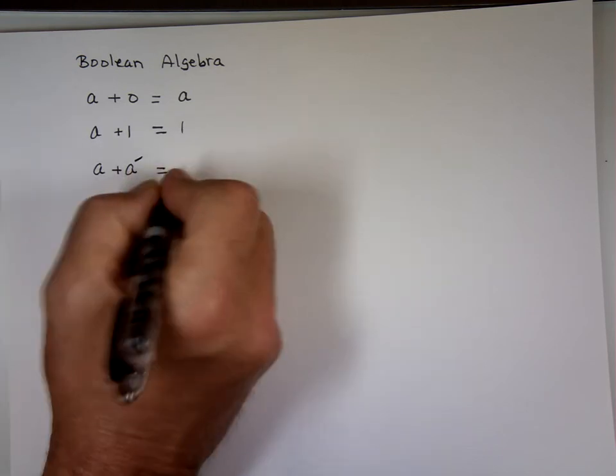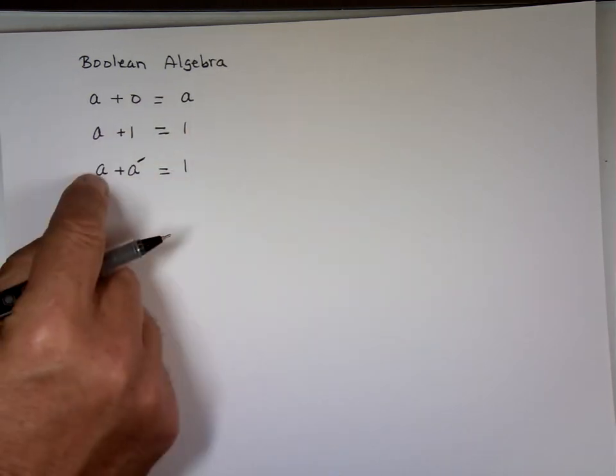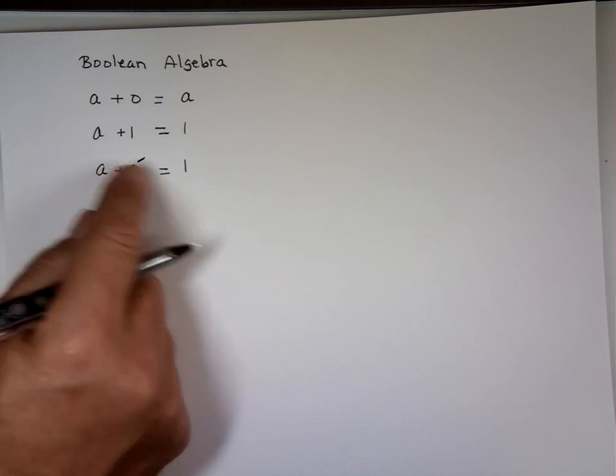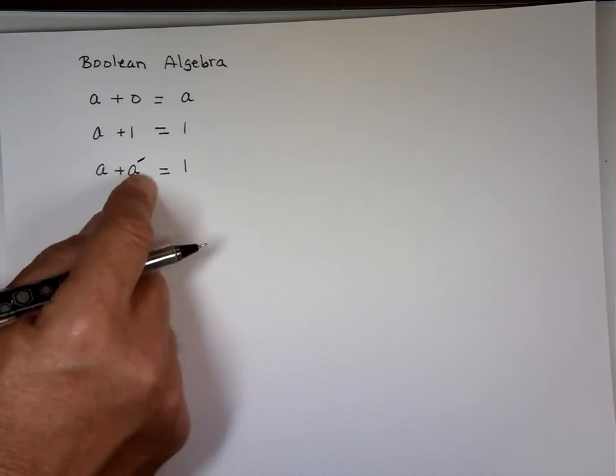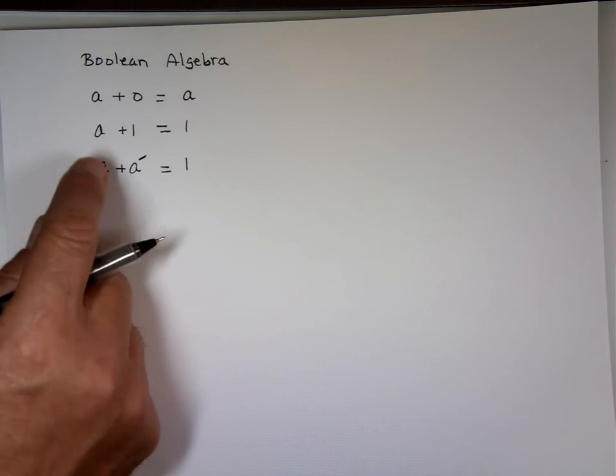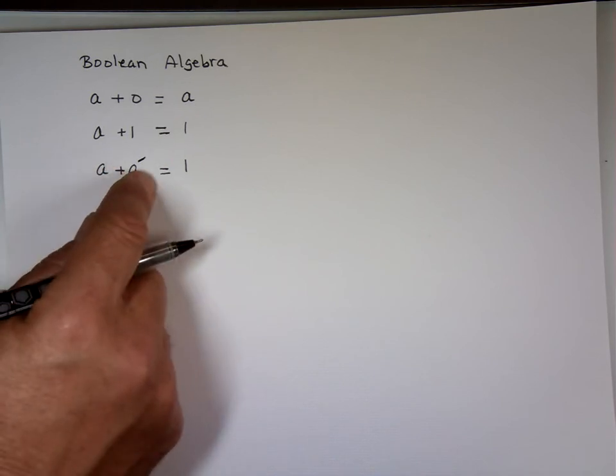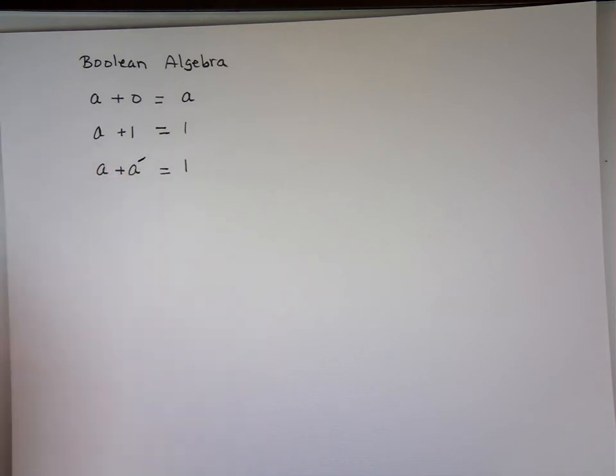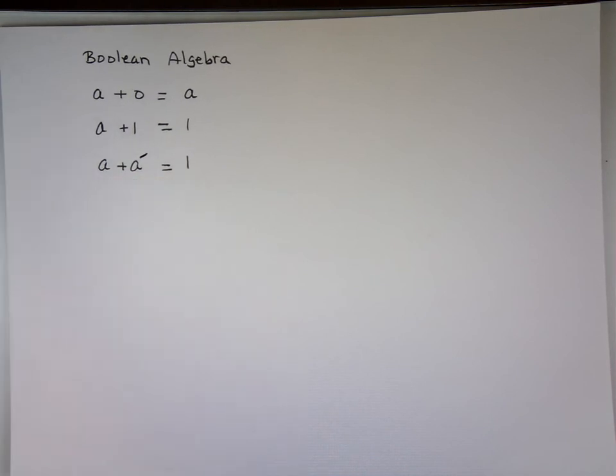Why? When this is 1, what's 1 or 0? 1. When this is 0, what's 0 or 1? Still 1. So this is always going to be a 1. If you take an OR gate, you take A and A not and put them together, that's always a 1.